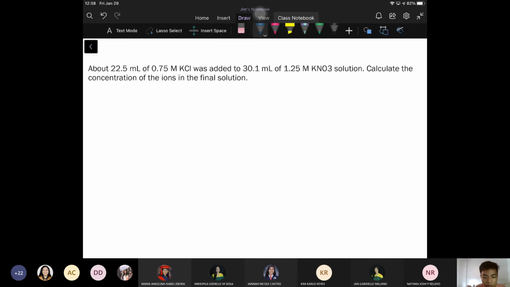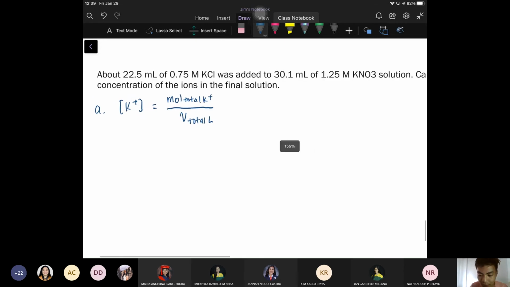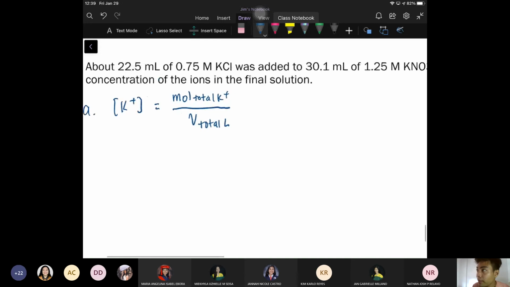So solve natin yung concentration ng K+, ng Cl-, and ng NO3- sa solution. So unahin na natin yung K+, no? Let's find the concentration of K+. So to solve for the final concentration of K+, we have to solve for the total moles of K+, divided by the volume total in liters. So yan yung gagawin natin, ha?